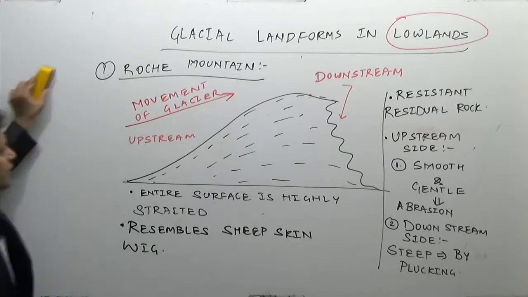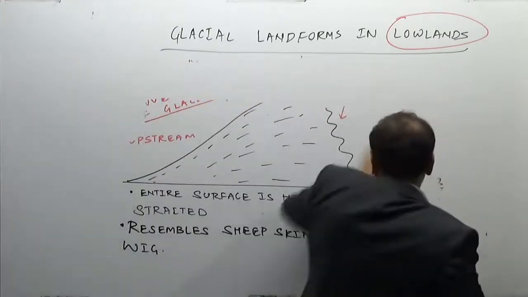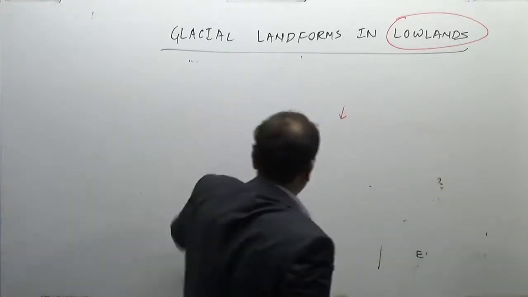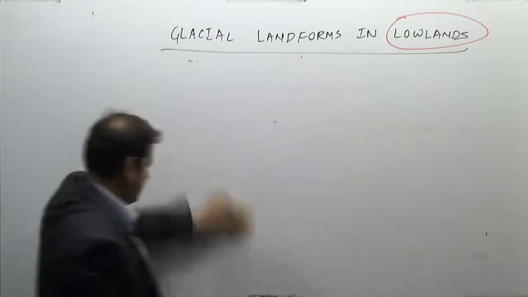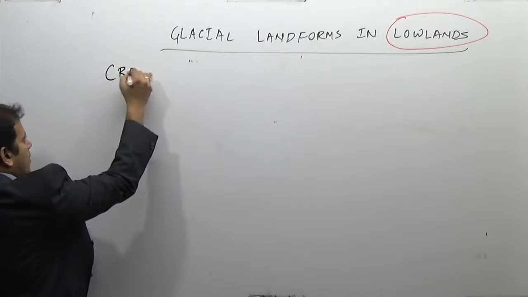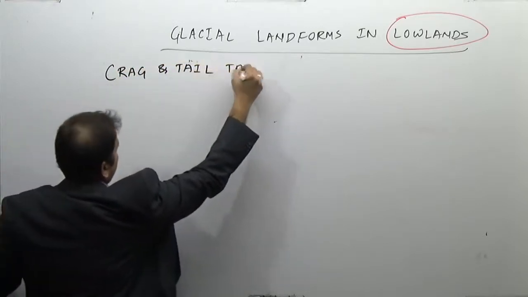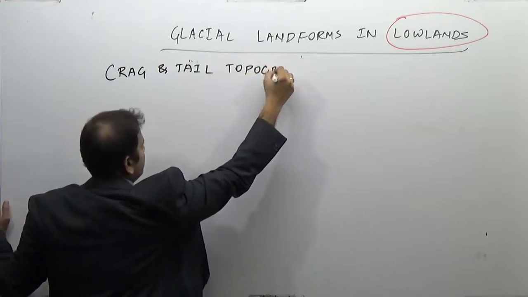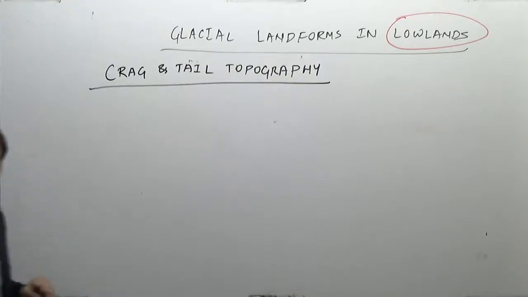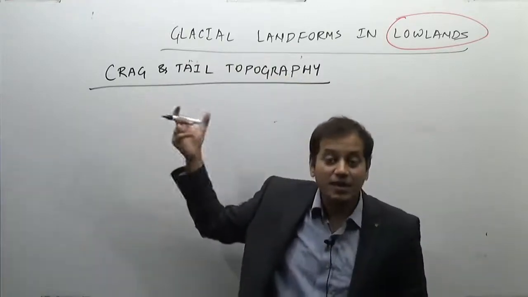Now a similar kind of topography, again an erosional topography, is known as crag and tail topography. There are two terms associated with this: one is crag and the other is tail.